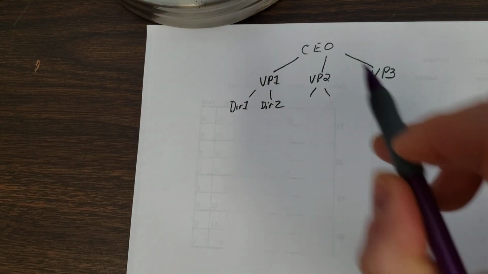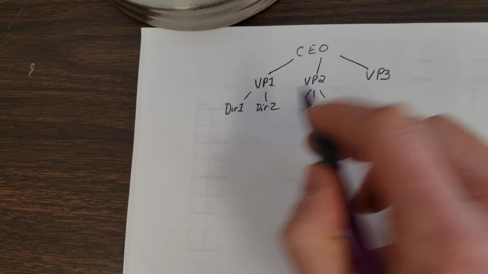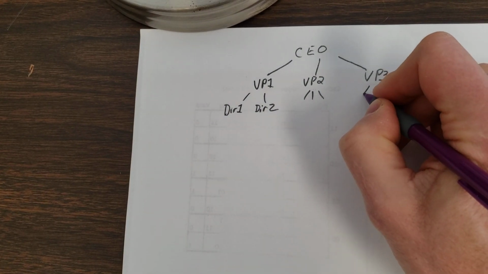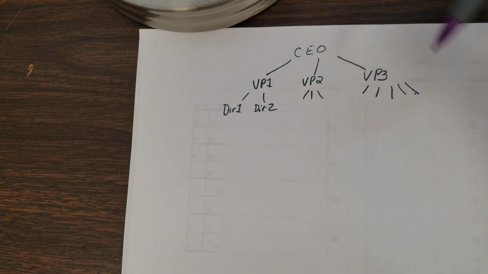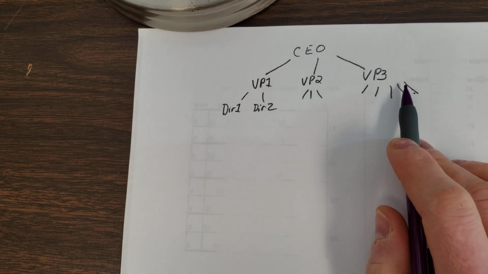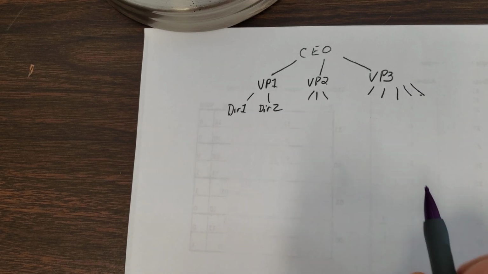And there may be 3 directors reporting to VP2, only 2 to VP1. Maybe VP3 has a pretty big crew, and so they've got 5 people reporting to them. So this is the idea here as far as an application that would use a tree. Okay? So these are very useful.